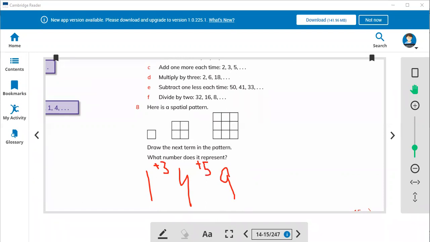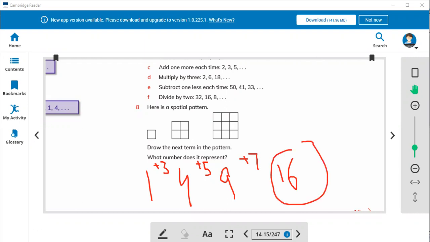So according to question number 8, we have to add 7 on this. Like I said to you, the odd numbers we are adding: plus 3, plus 5, plus 7. So 9 plus 7 is equal to 16. So our next number will be 16. Okay. So that is our sequence.